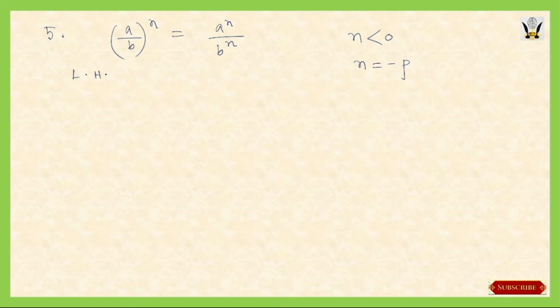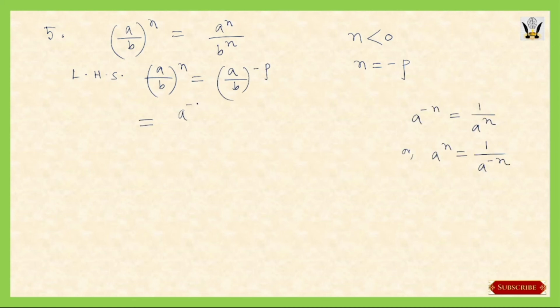Now on the left hand side, if we replace n by minus p, it can be written as a divided by b to the power minus p. Now this can be written as a to the power minus p divided by b to the power minus p.